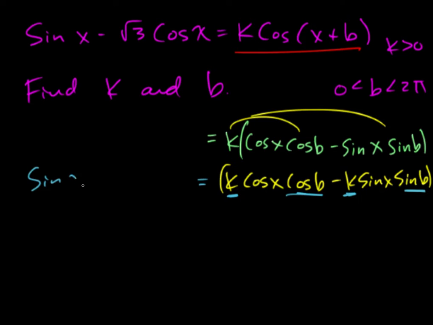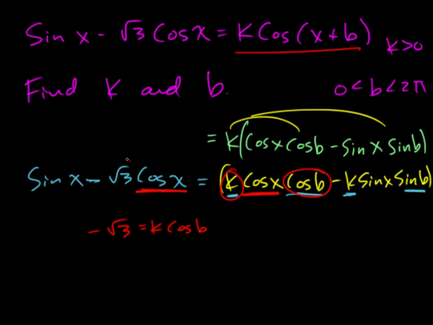If we compare that to the coefficients of these things, when we have the cosine that has the x right there, we can say that negative square root of 3 is equal to k cosine b, because these are the coefficients together, and then this is the coefficient of that, so they must equal each other.